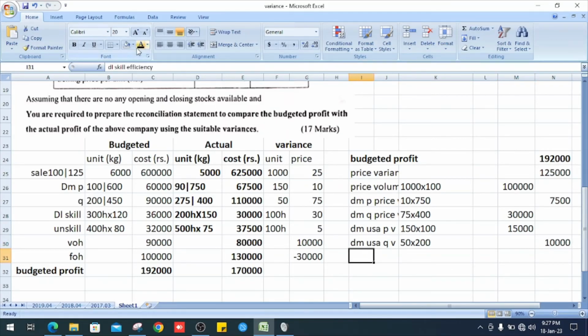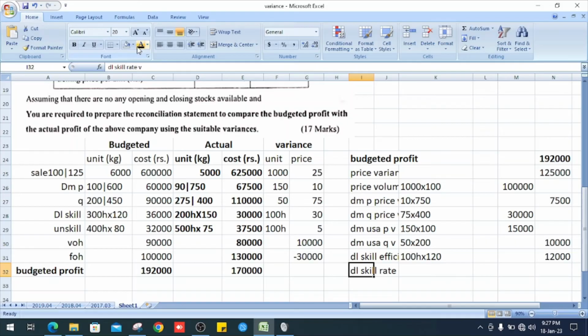Next, direct labor skilled efficiency variance is 100 hours into the 120 budgeted rate, which is 12,000.